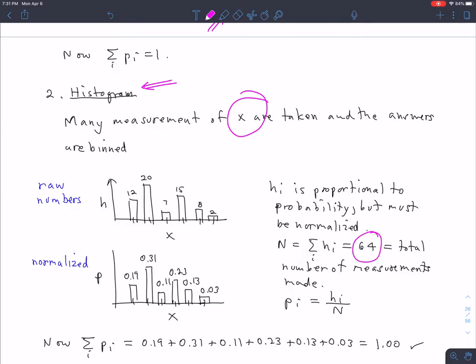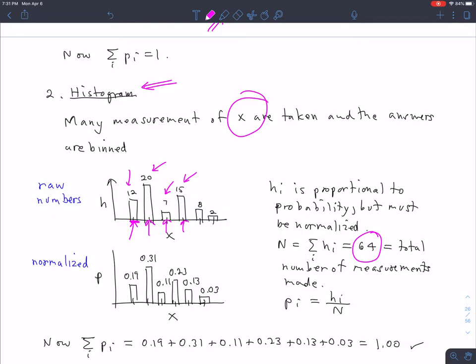So I make 64 x measurements, and then I bin those measurements. If the x value fell into this little bin, then I count up how many times something fell into that bin, and if it was 12 times, then I put a 12 there. I do the same thing for all the other bins. So 20 in that case, 7, 15, and so on.